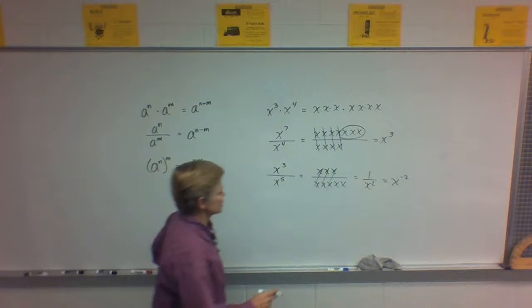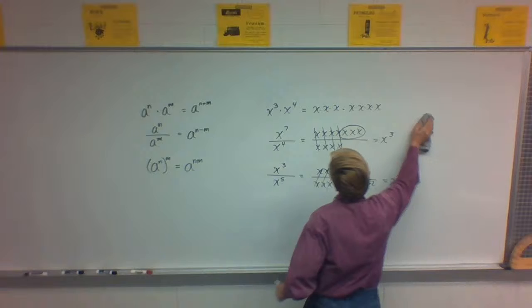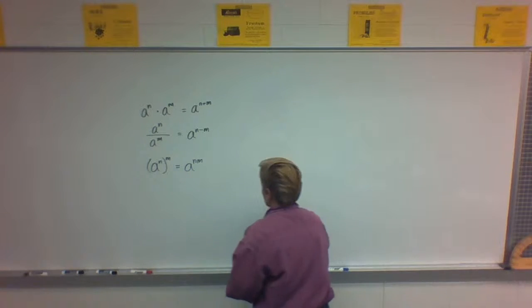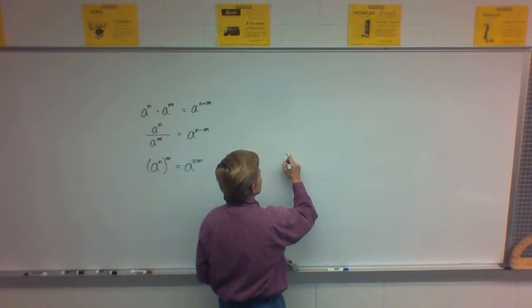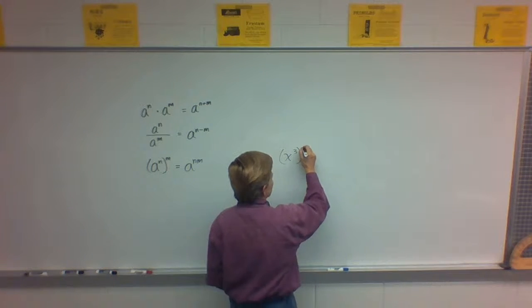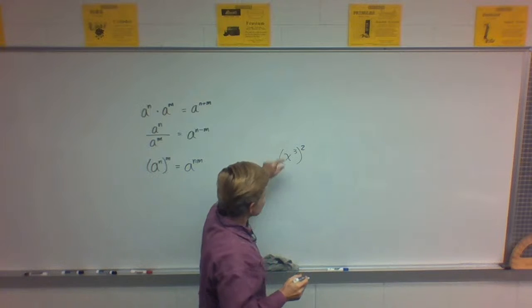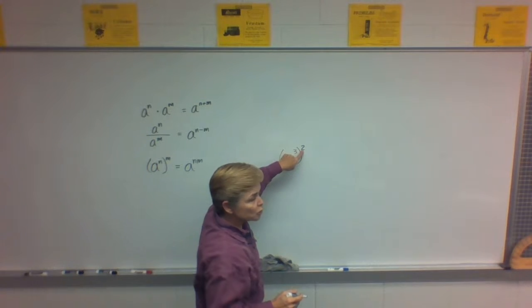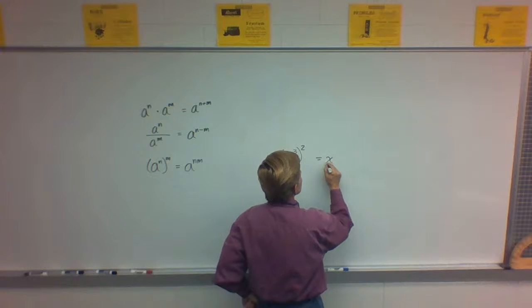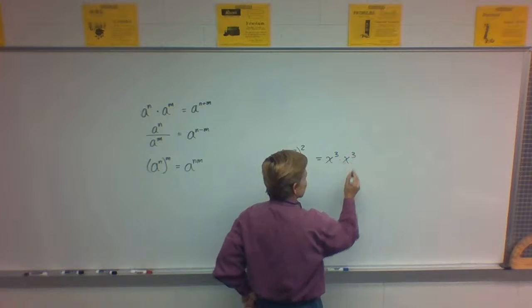So if I take a situation like that, I'm going to erase these now because I'm using up too much space. If I have something like x to the 3rd raised to the 2nd, I'm going to say 2 because I don't want to write forever. What this literally means, if you consider the exponent part first, which is what you're supposed to do, is to take x to the 3rd times x to the 3rd.